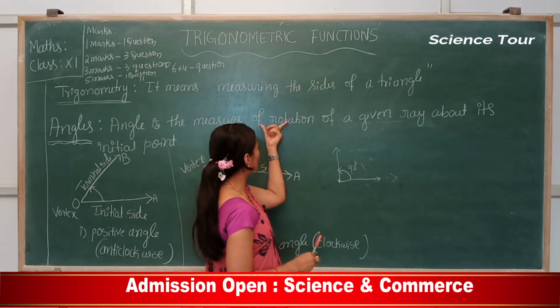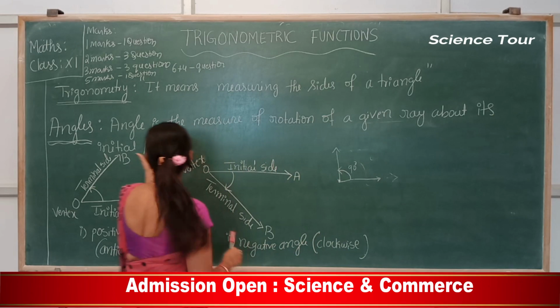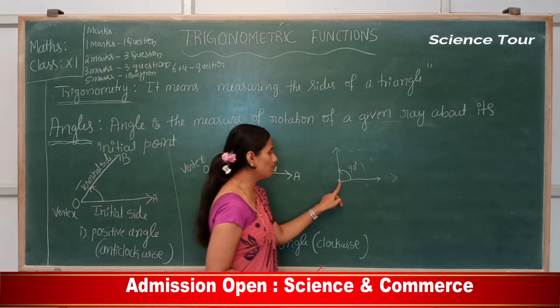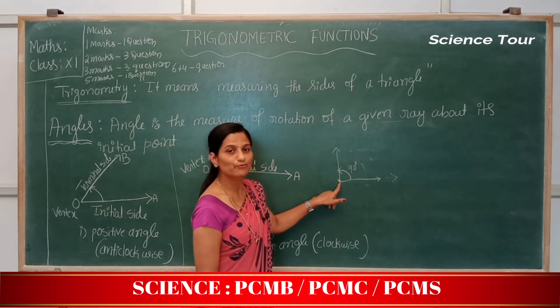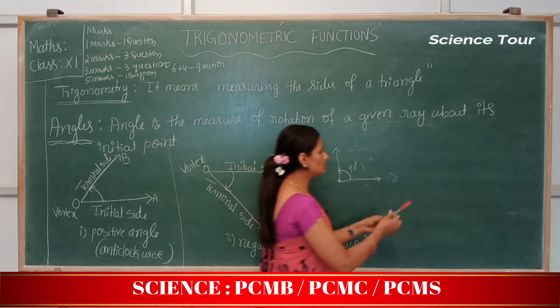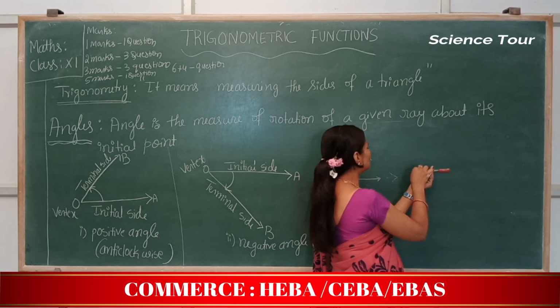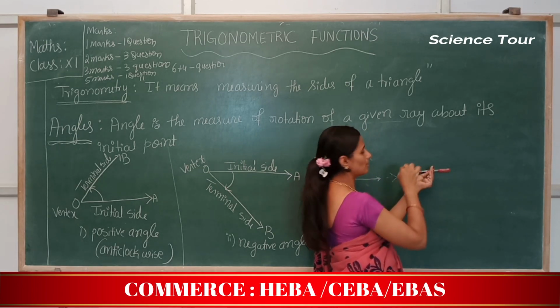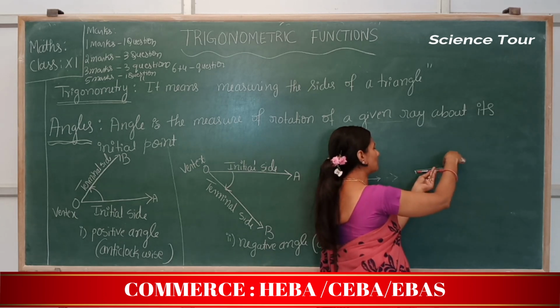Angle is the measure of rotation of a given ray about its initial point, or its fixed point. Suppose this is your given ray, and this is your fixed point or initial point. From this I am rotating, so this is the initial position.